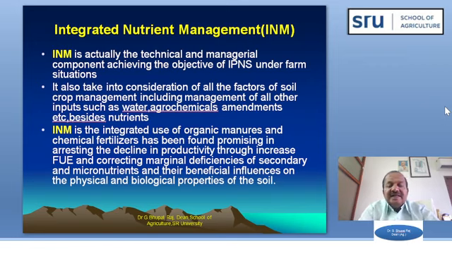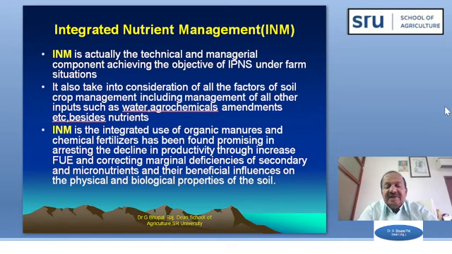What is integrated nutrient management? It is actually the technical and managerial component achieving the objective of the integrated plant nutrient system under the farm situations. It also takes into consideration all the factors of soil and crop management, including management of all other inputs such as water, agrochemicals, amendments, etc., besides the nutrients.